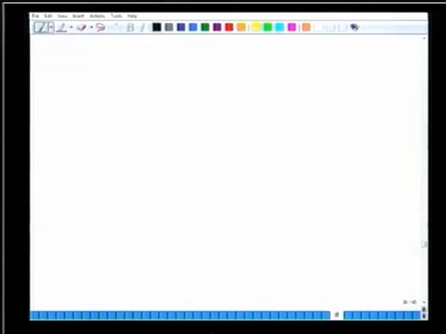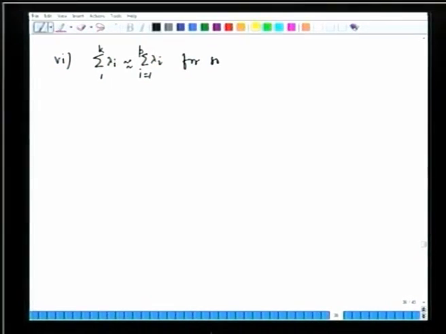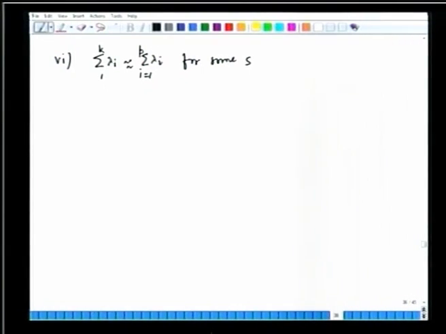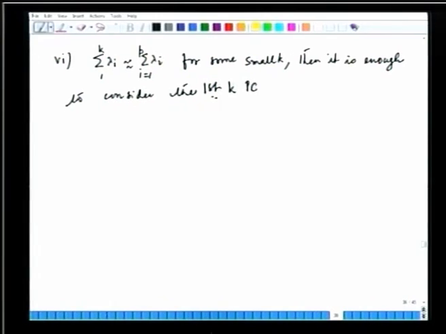And then comes the important point that if I have the sum of lambda i from 1 to k approximately equal to the sum of lambda i from 1 to p, and that too for some small k, smaller the better, then I will say it is enough to consider the first k principal components, and the data dimension can be reduced to k.